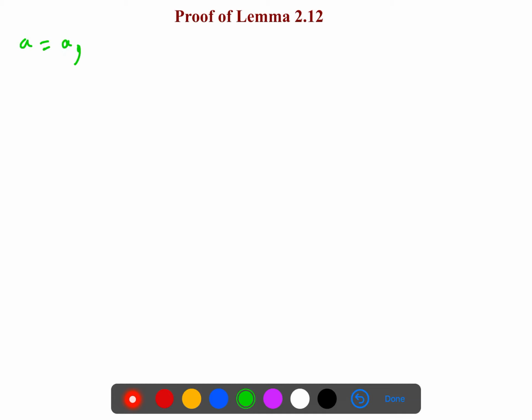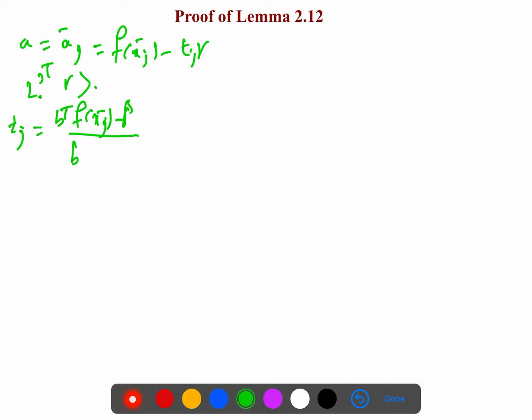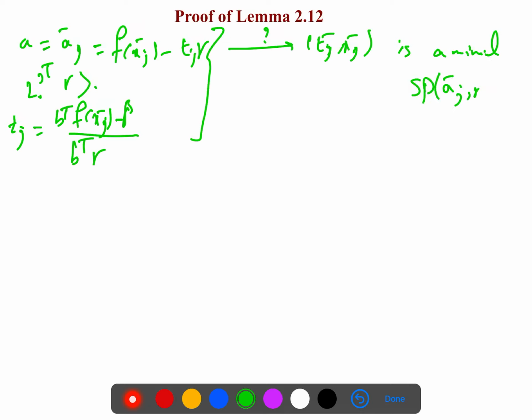So let's go and prove the second part. The second part says that if A is equal to aj bar, defined as f of xj bar minus tj r, and Lj transpose r is greater than 0, and if you define tj by b transpose f of xj bar minus beta divided by b transpose r, the theorem that we want to prove is that tj and xj bar is a minimal solution of SP of aj bar and r.